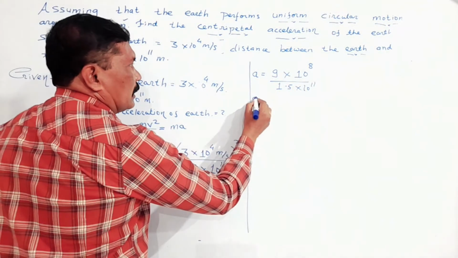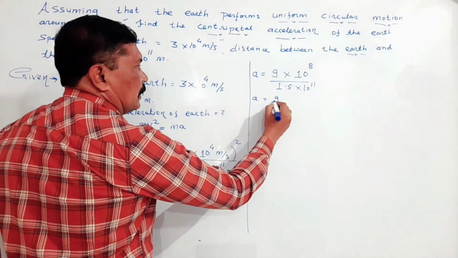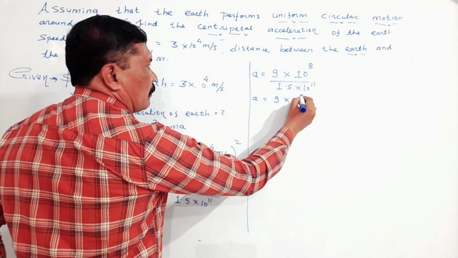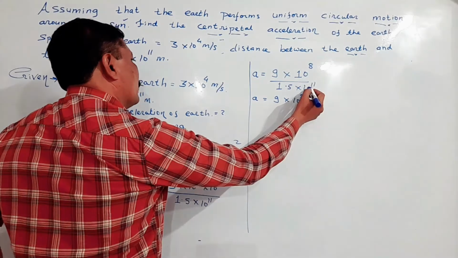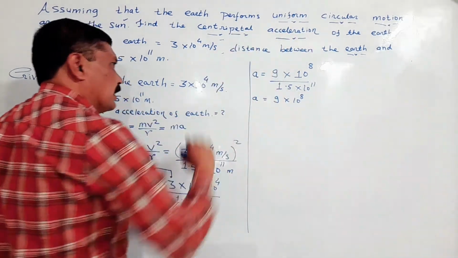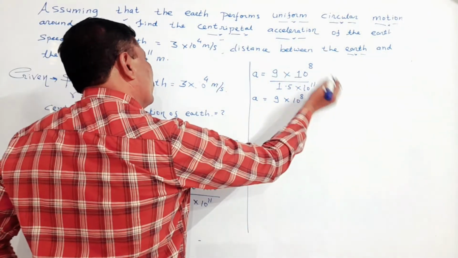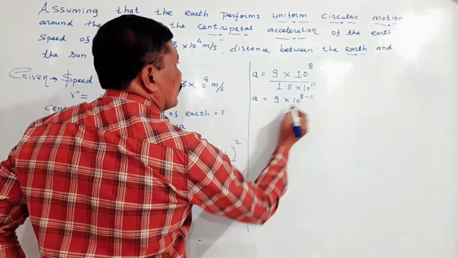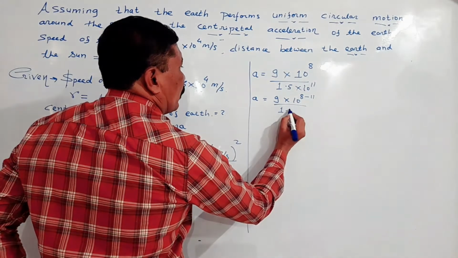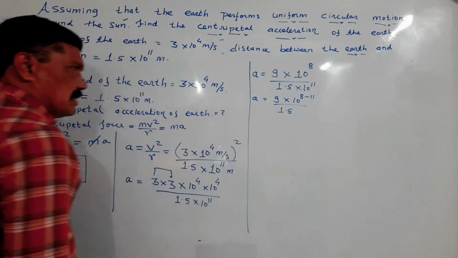Here a is equal to 9 into 10 to the power 8, and 10 to the power 11 we can take in the numerator, so plus 11 will become minus 11, and 1.5 we will write as it is.